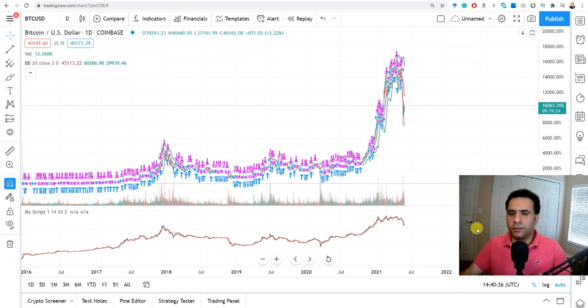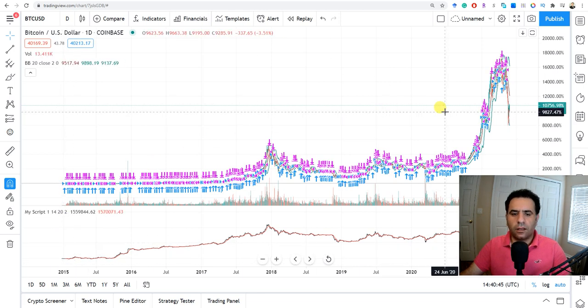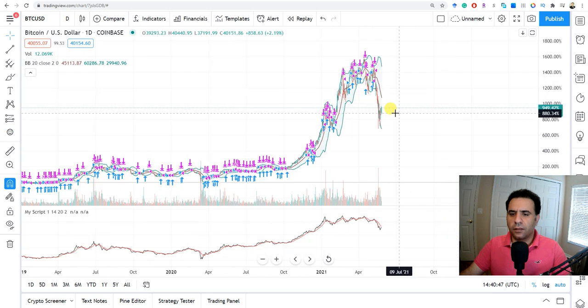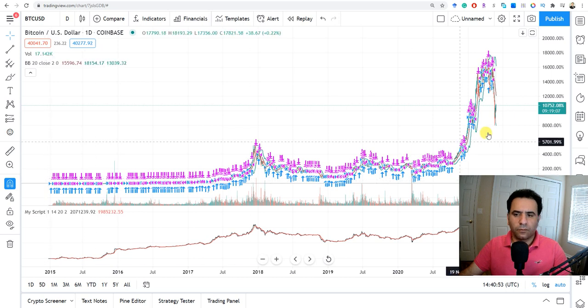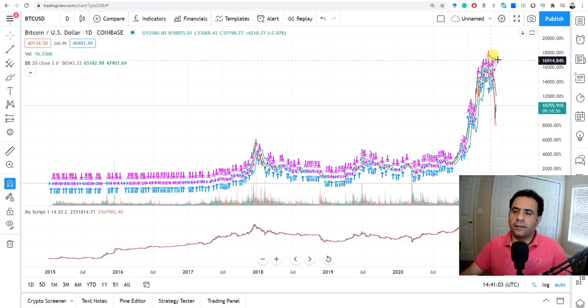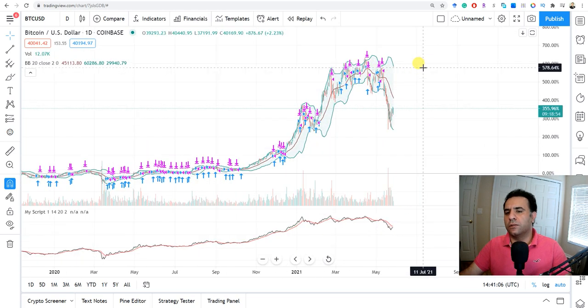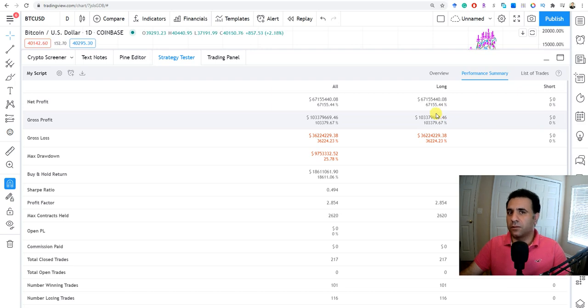So if we had bought the coin in 2015 and kept it until today, we would have a 10,751% increase. And the maximum was around 17%. But what we have here is 67,000%, which is awesome.